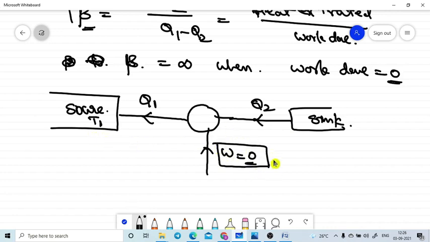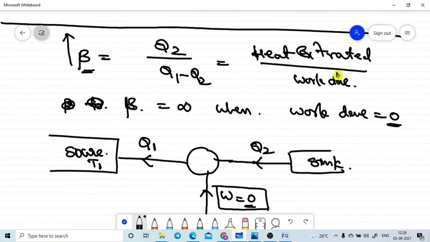That means to transfer it, at least some work needs to be done on the system. Without this work, it is impossible. So this value will never become 0.